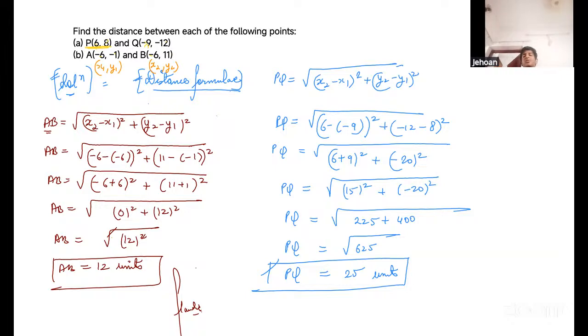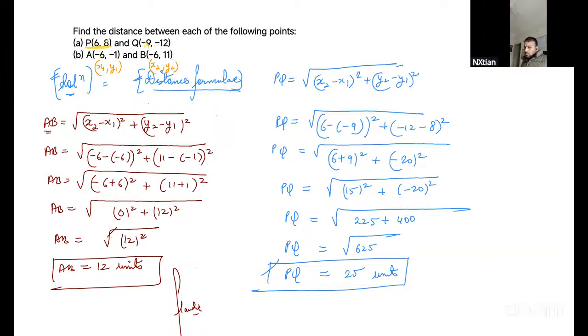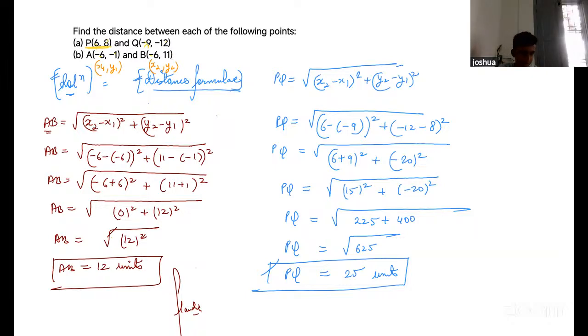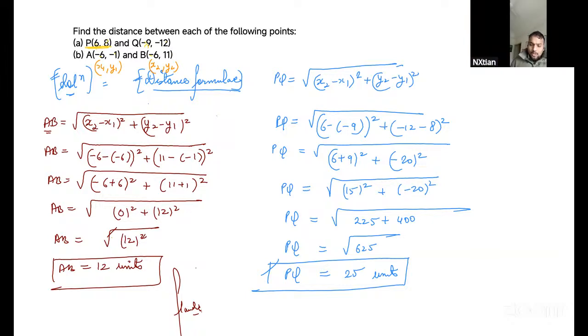Instead of 0 square, I did 12 square. Okay, no problem. Joshua, you got it, beta? I got the first one, but then I messed up the formula. Okay, so you have to learn how to solve it. I'll give you some homework, not more homework, but some homework. This is your homework.